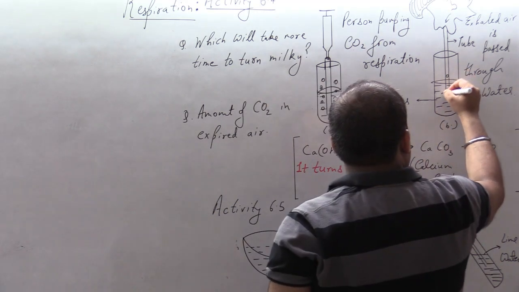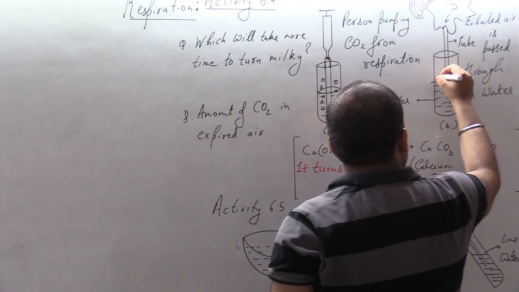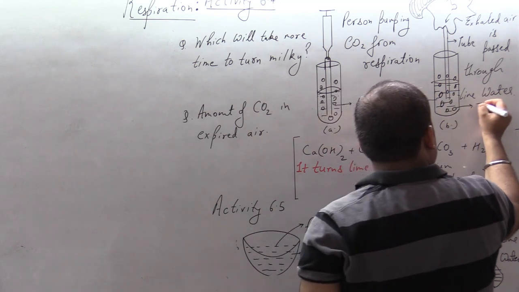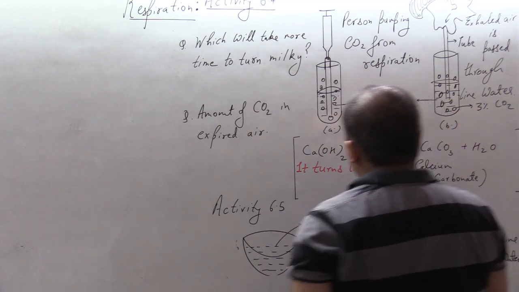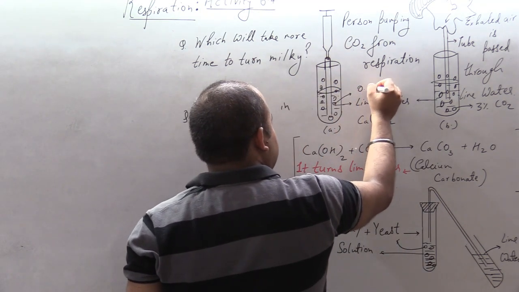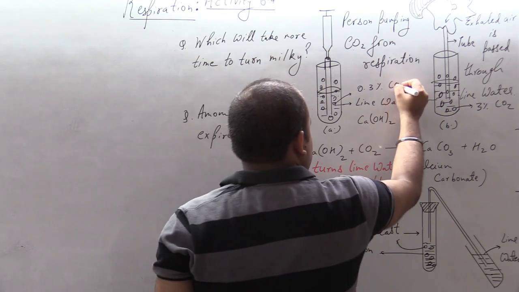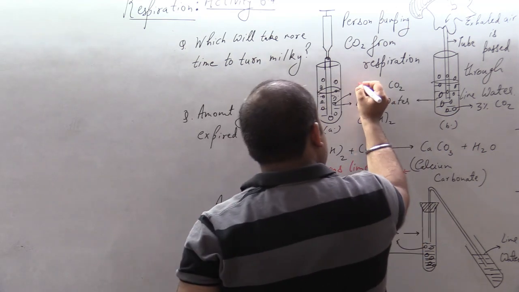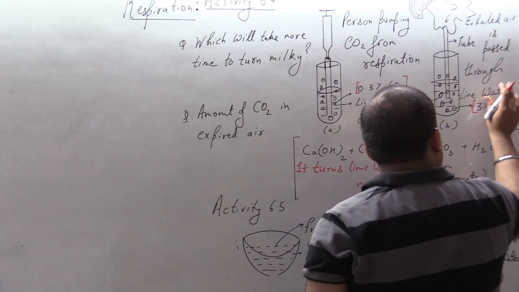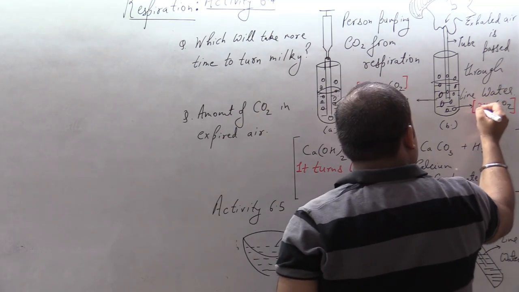The air bubbles which are going to come will have approximately 3% carbon dioxide, and here the air which is being pumped has 0.3% carbon dioxide. See this? This has 0.3% carbon dioxide. This is approximately 3% carbon dioxide, 1 to 3% carbon dioxide.